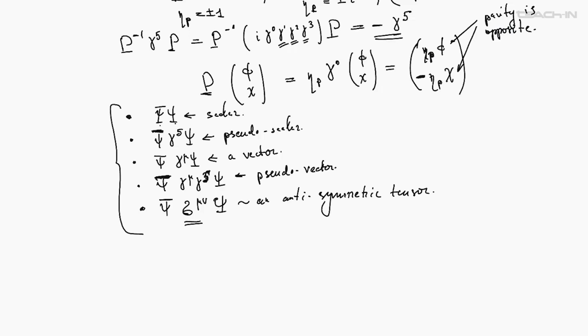Then you have a pseudovector, the object which does not change the sign, behaving like a vector product of two usual vectors. And psi bar sigma mu nu psi will transform under Lorentz transformations, including parity, as an antisymmetric tensor.